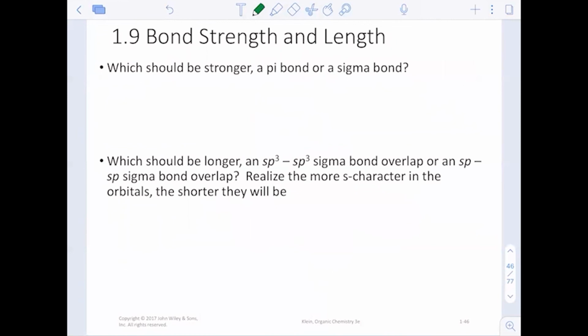All right, so pi bond, because it's a parallel overlap, is weaker. The sigma bond is the direct overlap. It's stronger. Think about holding hands. I like to think about the pi bond as kind of like a high school relationship. You don't really hold hands, you just see each other, you're like, yeah, we're dating, but it's high school, so it's weird and awkward.